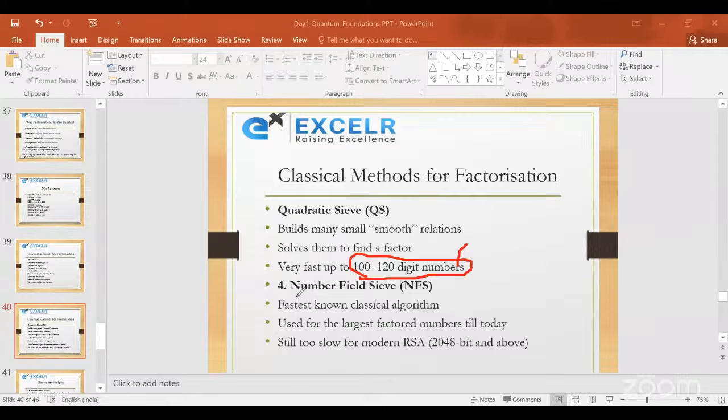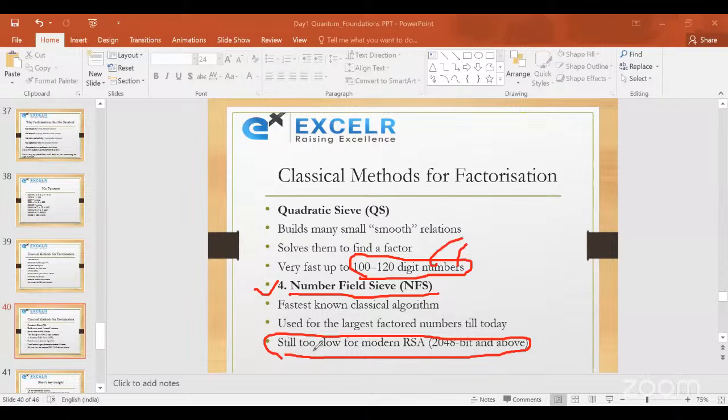In the number field, there is another method, the latest one we are applying in classical algorithms nowadays. IT software engineers are applying all these algorithms. Still, there is a restriction. We can increase the speed here, but it cannot find the factors beyond 2000 bits or so.